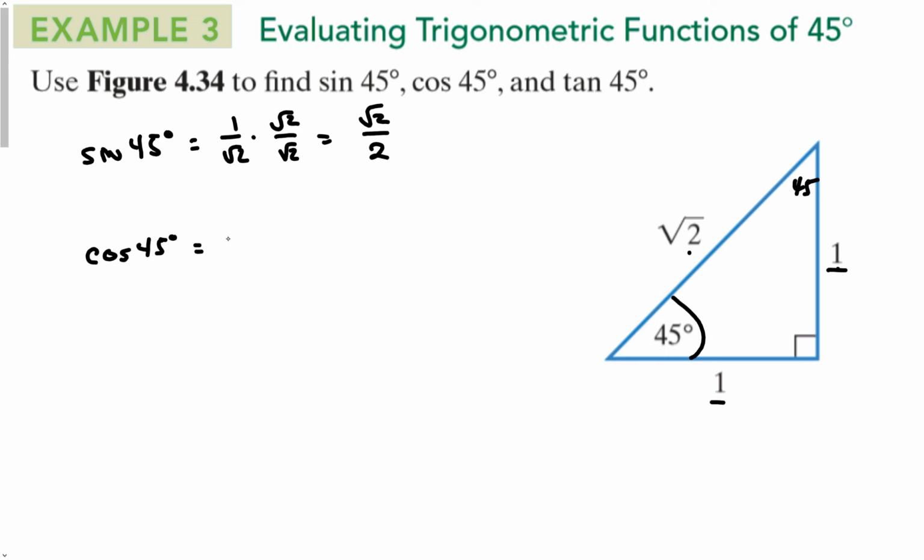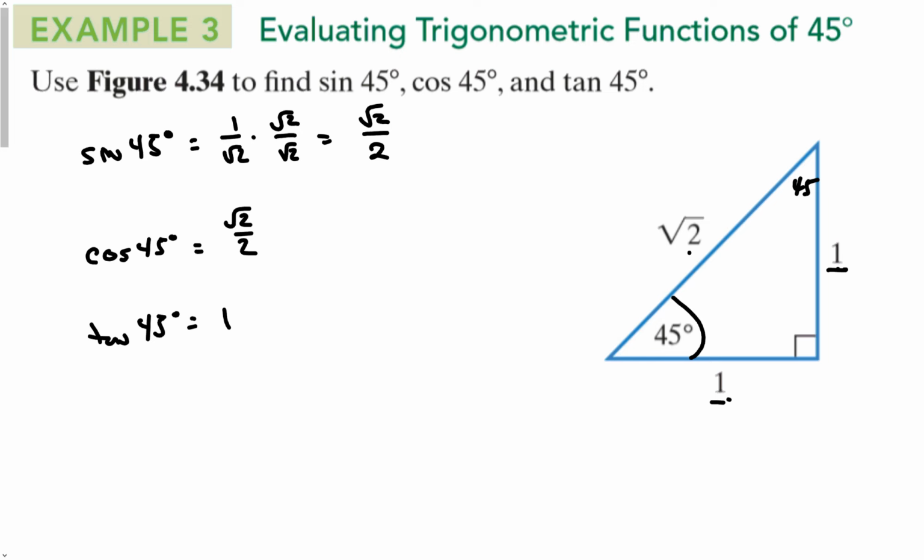And so the adjacent would be 1 over radical 2 as well, so it's radical 2 over 2. And the tangent of 45 degrees is the opposite over the adjacent, which is 1. And then the other 3, we're just going to find the reciprocals here. So to find the cosecant, secant, and cotangent, it would just be flip this one over, right? So it would be radical 2, and still 1 for cotangent of 45, okay?